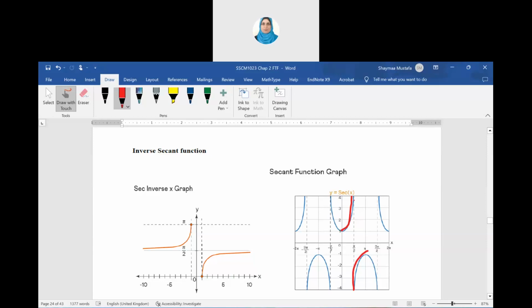We can define the inverse over this domain from 0 to pi. So the restricted domain from 0 to pi will be our range for the inverse. And the range here, from 1 to infinity or from minus infinity to minus 1, will become our domain. So we need to change the domain and the range.